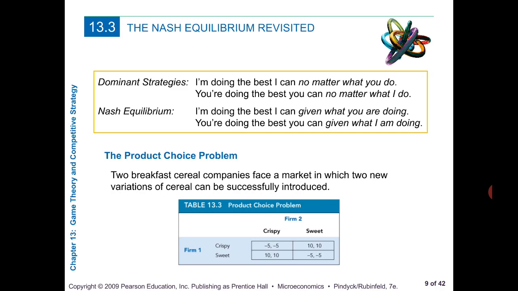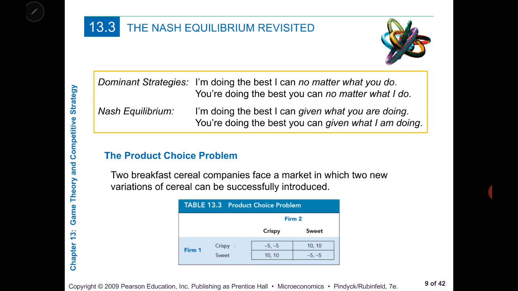Okay. All right. Let's look at case number 3. This is a case of two breakfast cereal companies. They want to introduce a new cereal, but that cereal could either be crispy or sweet. So if firm 1 announces that it's going to produce a crispy type of cereal, and firm 2 also decides to produce a crispy type of cereal, then both of them will lose negative 5 million.